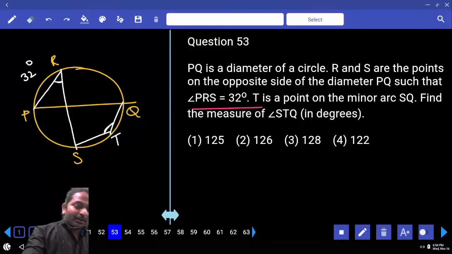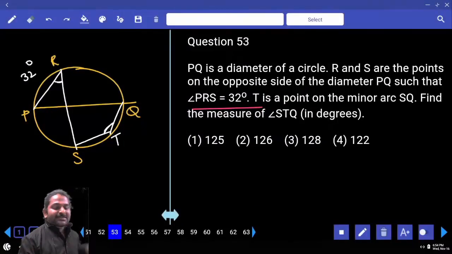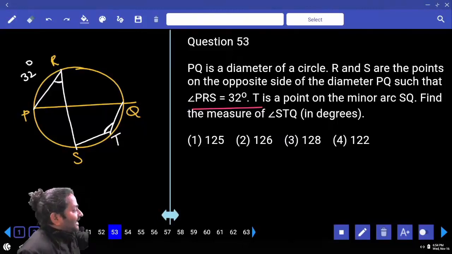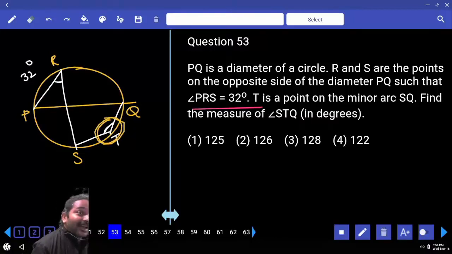Now what do I do is, using these points P, R, S, T, Q, can we make any cyclic quadrilateral where this angle is included? Because you need to find that particular angle, you need to make sure it is present and try to make a cyclic quadrilateral.